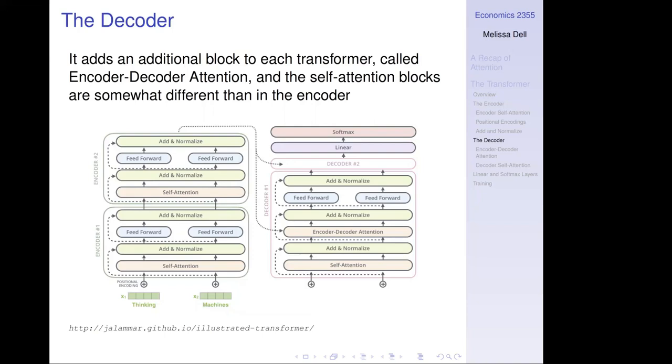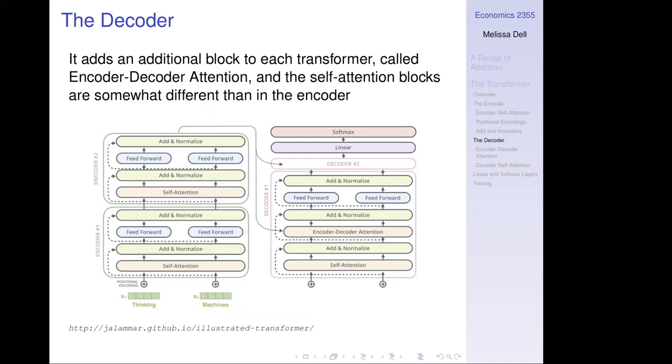Now instead of having self-attention and a feed forward layer within each block, like you do in the encoder blocks, within each decoder block you have self-attention, encoder-decoder attention, and feed forward. The encoder-decoder attention, as the name insinuates, is going to let you pay attention to the encoder, much as we saw in the seq-to-seq model at the beginning of class.